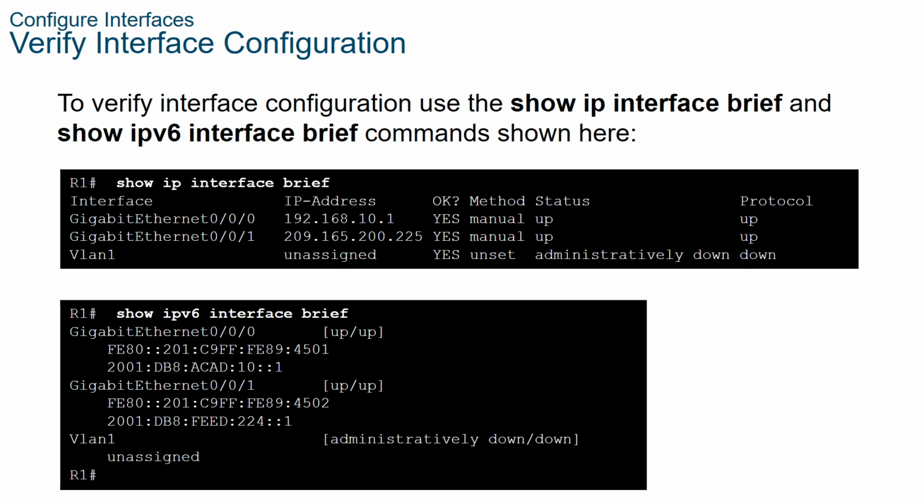We can also see, with show ipv6 interface brief, the IP version 6 addresses that have been added to them. The FE80 IP version 6 address is a link-local address.